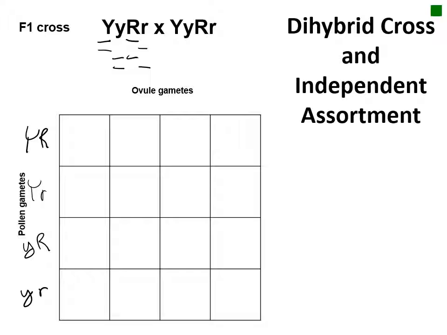Since the ovule gametes come from an individual with the same genotype as the pollen gametes, the possibilities for gametes will be the same along the top of the Punnett square. You will then fill in the boxes with each of the possible fertilization zygote combinations.